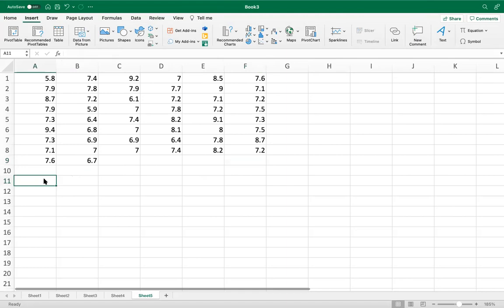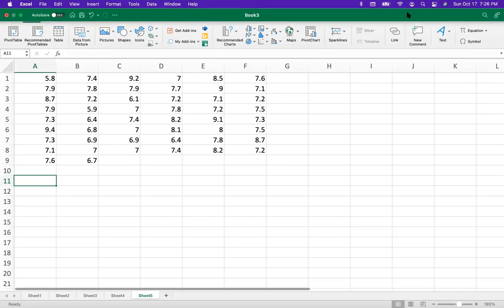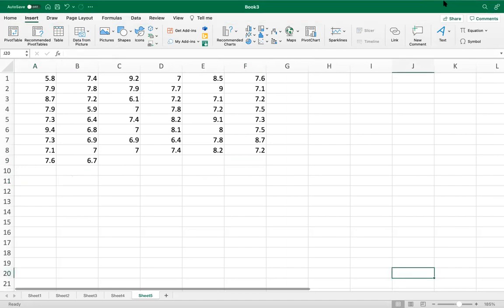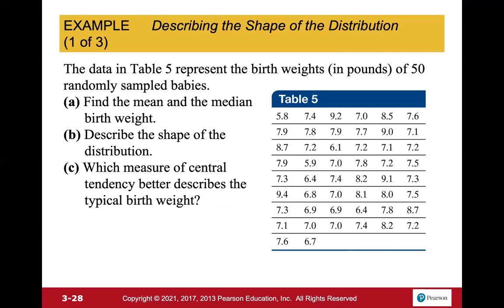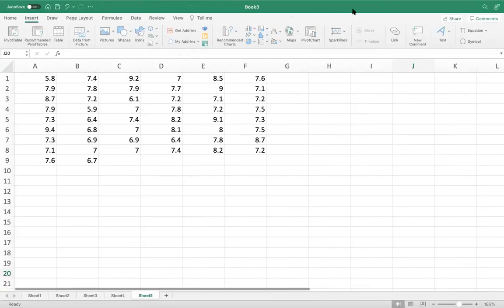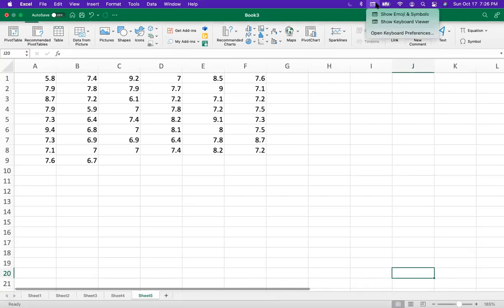All right, so from here, what they wanted us to find was the mean and the median. So let's go ahead and find that. Here it's not going to be a population mean, because we're looking at birth weights. Only having these data sets is not going to account for the entire population.